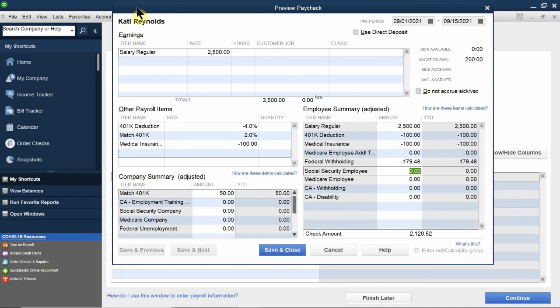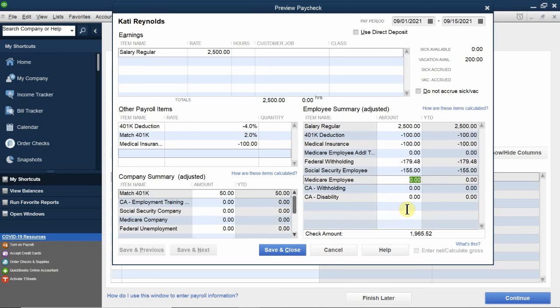So Katie here earned $2,500, so I just type in 2,500 times negative 6.2%, which is 0.062.